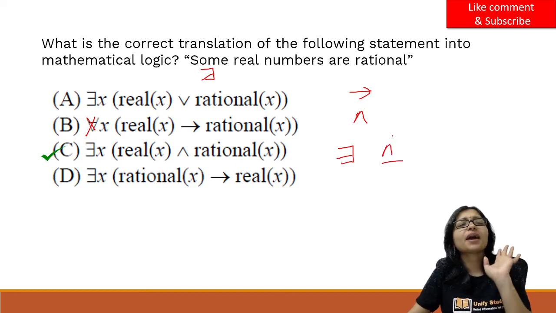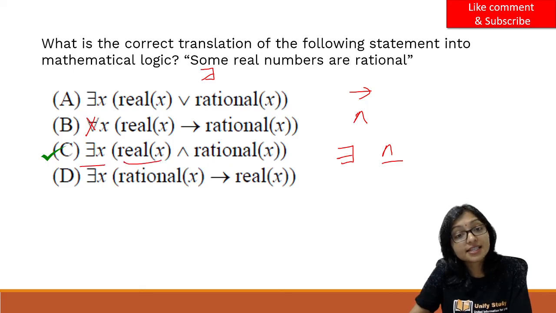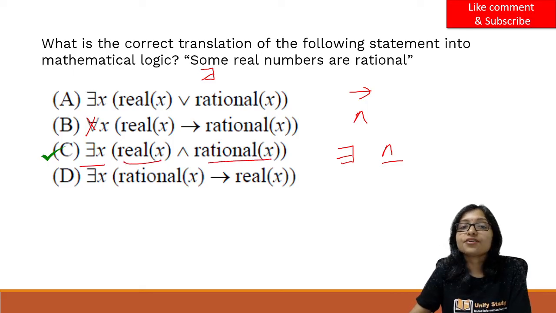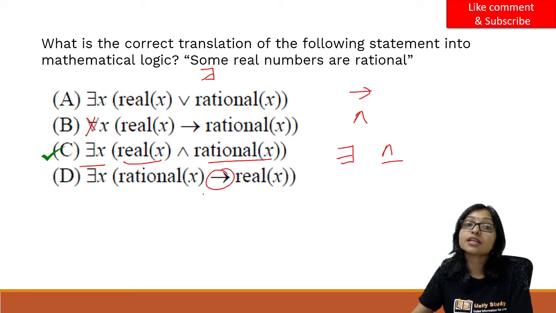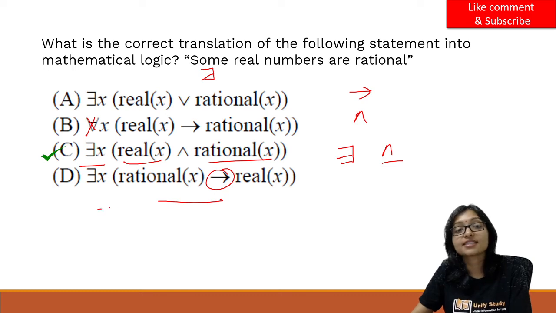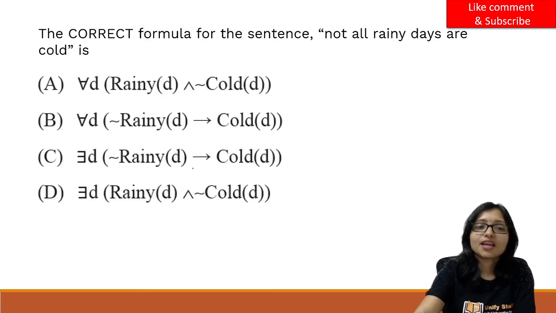This trick will be applied. You can see, yes, there exists x, this is real x and rational x. It's done, right? With the trick, it's very easy. Otherwise, you will think about why it is not. Because there is no if-then with there exists, we should not use this. You learn it.